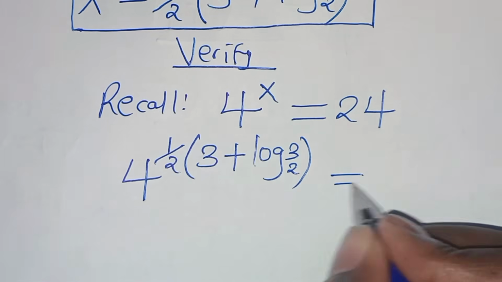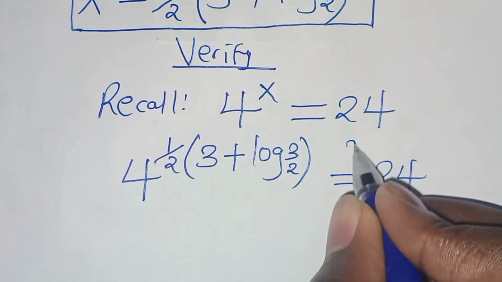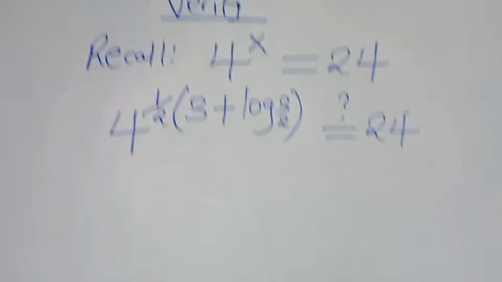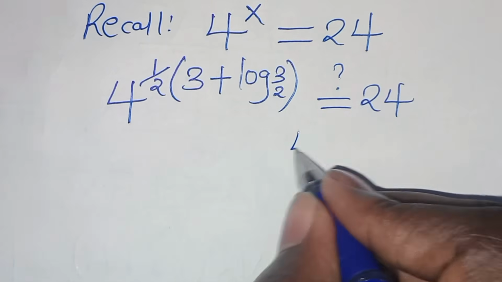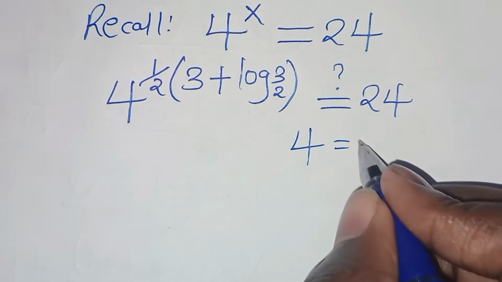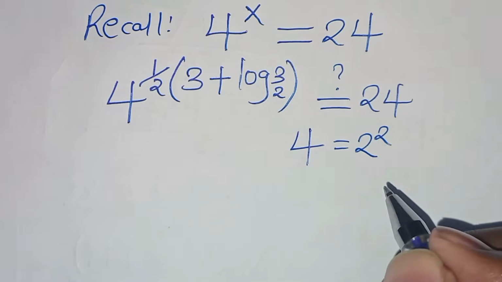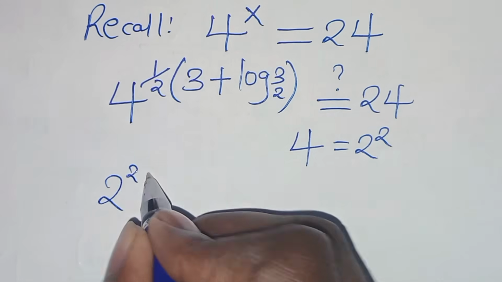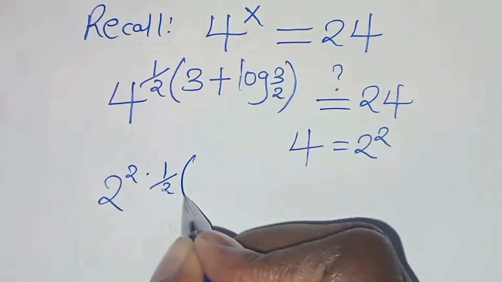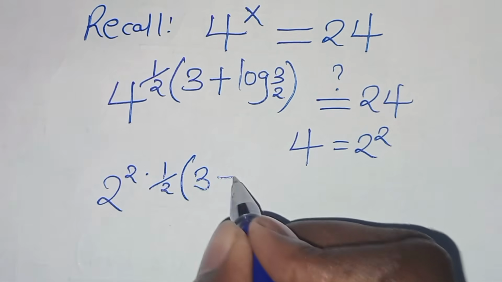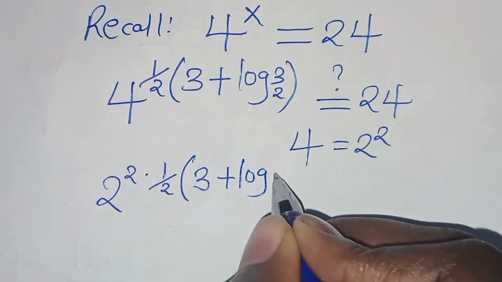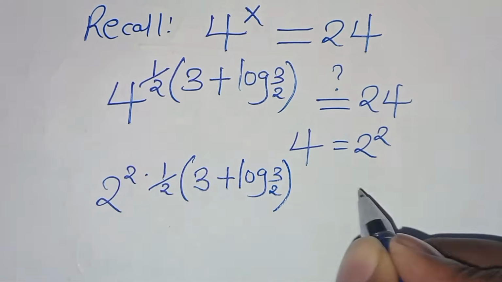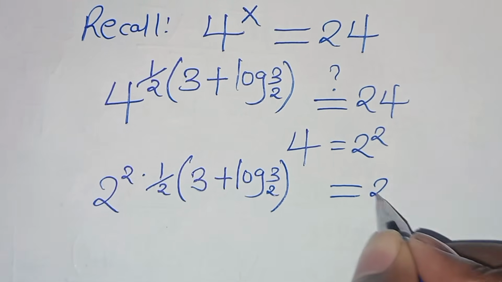This is supposed to give us a value of 24. From here we can express 4 as 2 to the power 2, so this implies we have 2 to the power 2 times half into the parentheses 3 plus log 3 to base 2, which should give us 24.